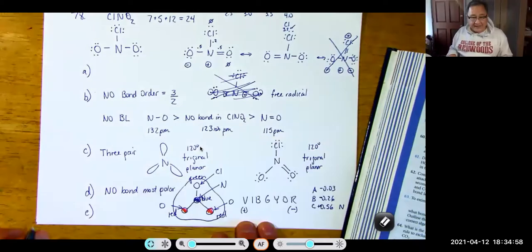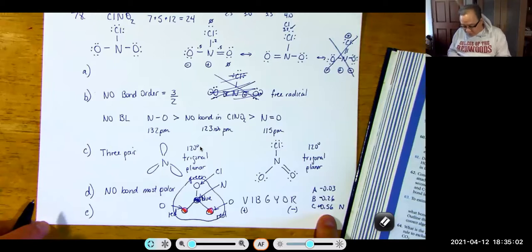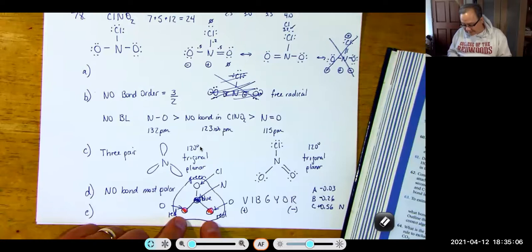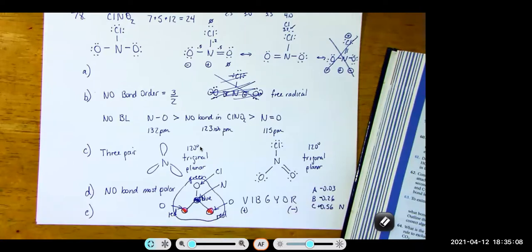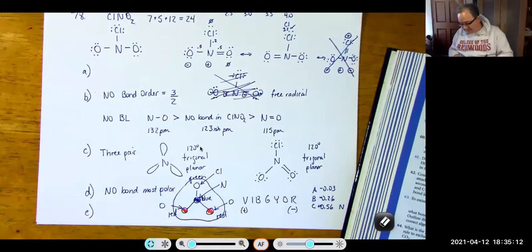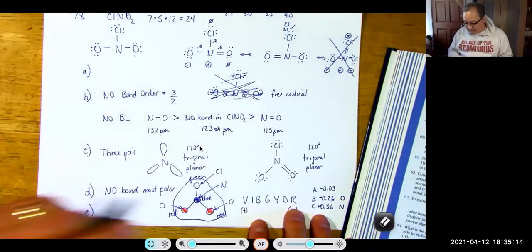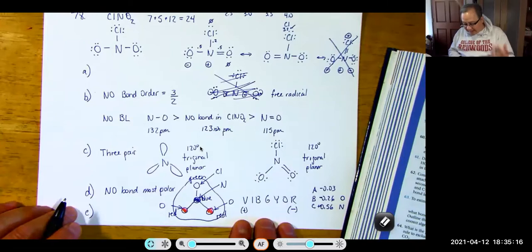So C is the nitrogen, right? Now, which ones of these atoms are B's, and why am I choosing B next? It's the most electronegative. So those must be the oxygens, right? And that leaves A being chlorine.